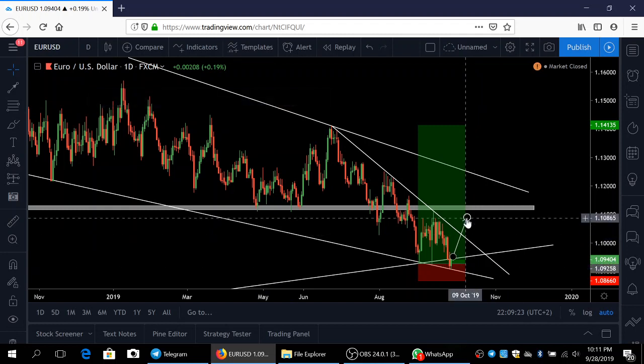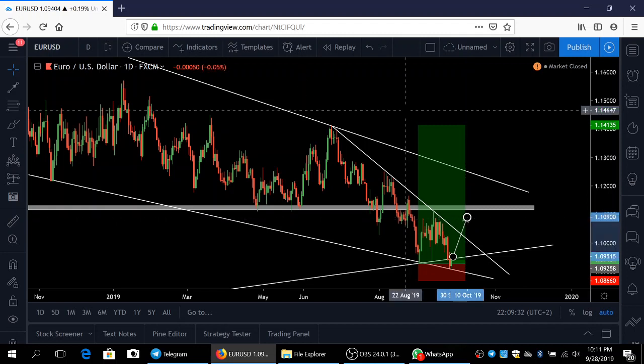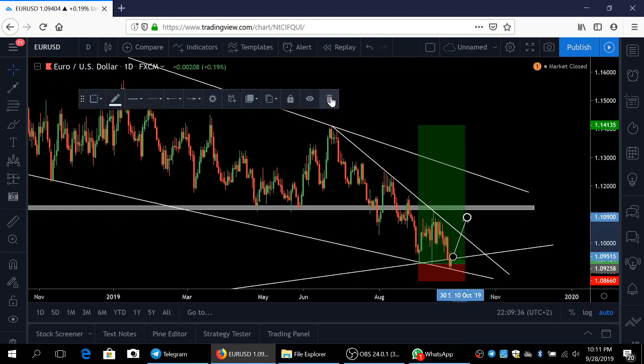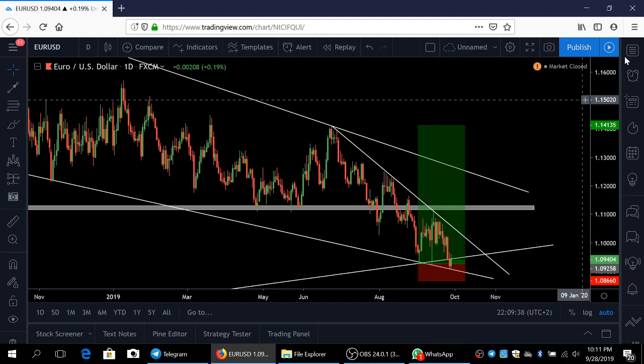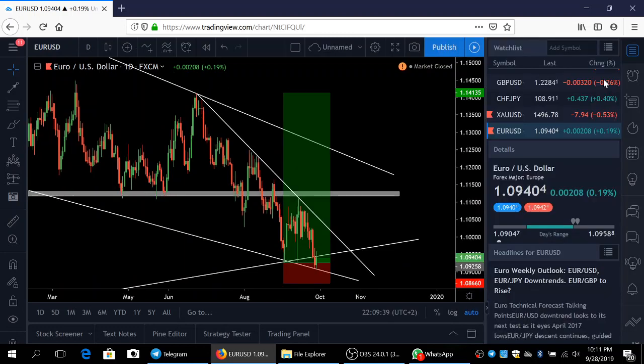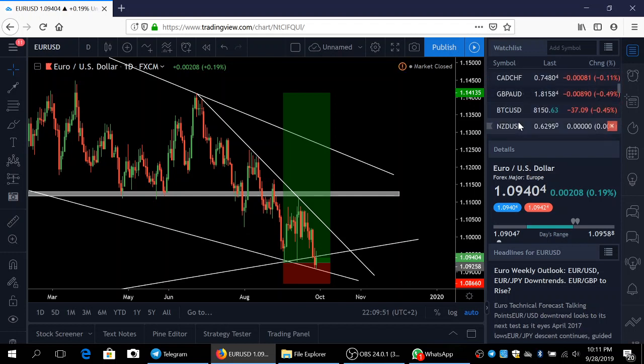So our next currency pair is going to be EUR Japanese yen. We're also looking to long this one. It's quite a similar setup. It's just that this one is a bit ahead when compared to EUR/USD.